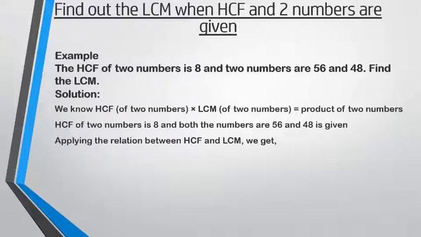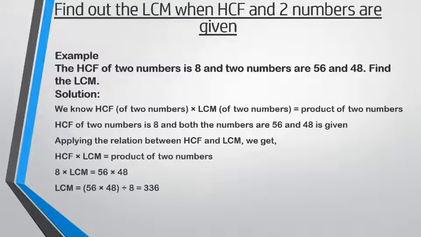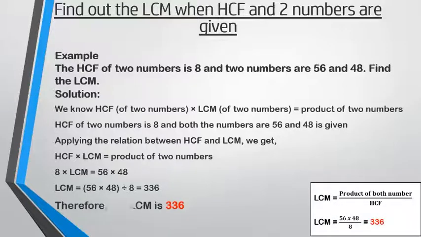Applying the relation between HCF and LCM, 8 into LCM is equal to 56 into 48. To find the LCM, we first multiply 56 and 48 in brackets and then divide it by 8, which is equal to 336. Therefore, the LCM of 56 and 48 is 336.